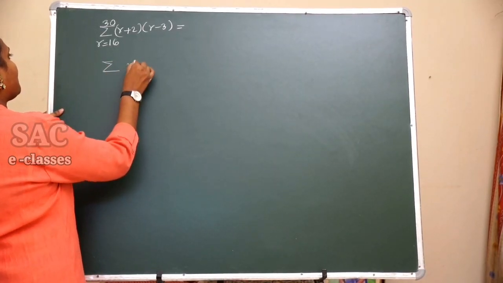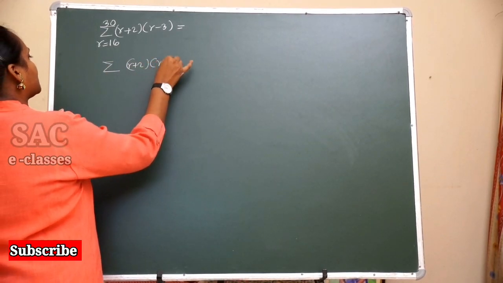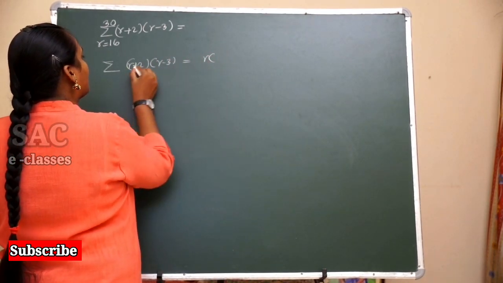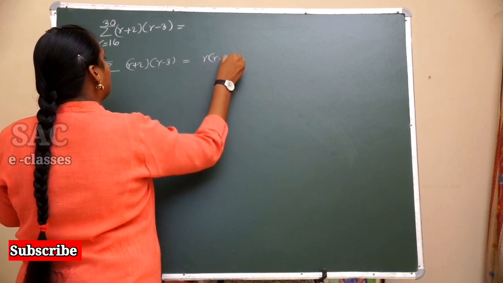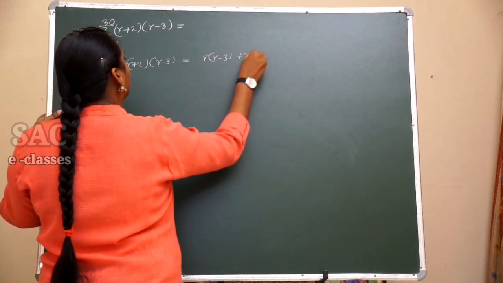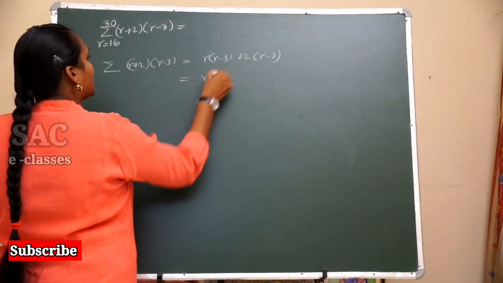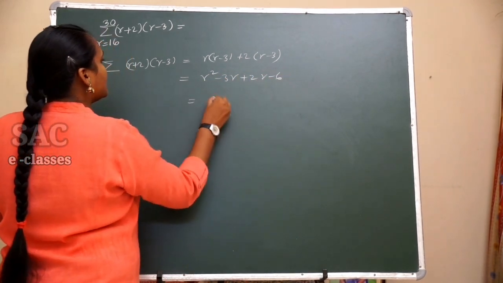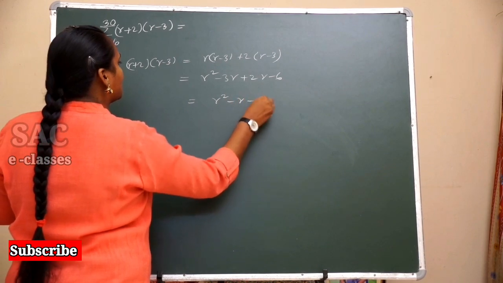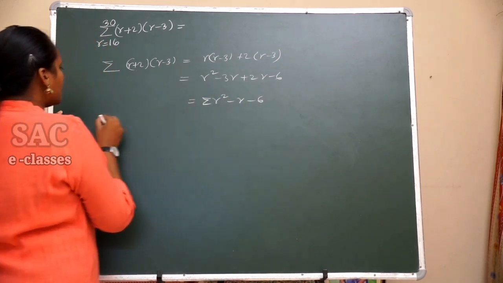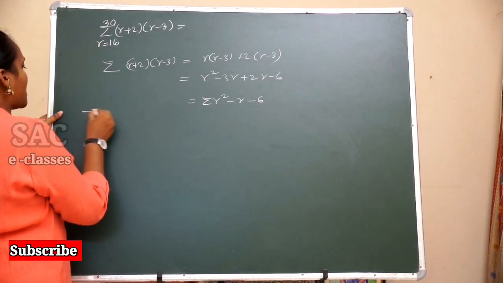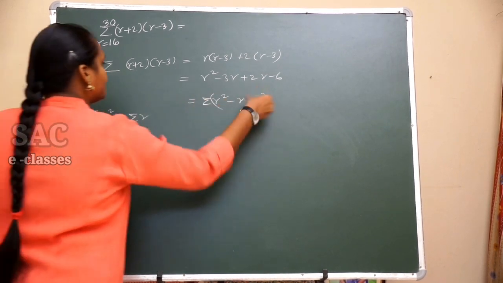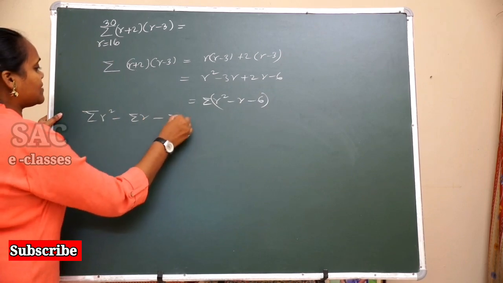Now r plus 2 into r minus 3. R plus 2 into r minus 3 is r into r minus 3 plus 2 into r minus 3. So you get r square minus 3r plus 2r minus 6, clearly r square minus r minus 6. Apply the sigma: sigma r square minus sigma r minus sigma 6.